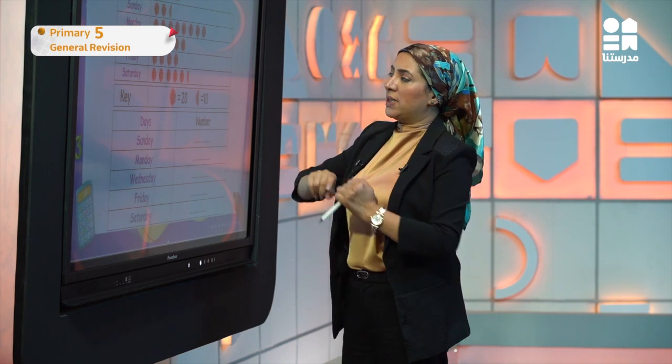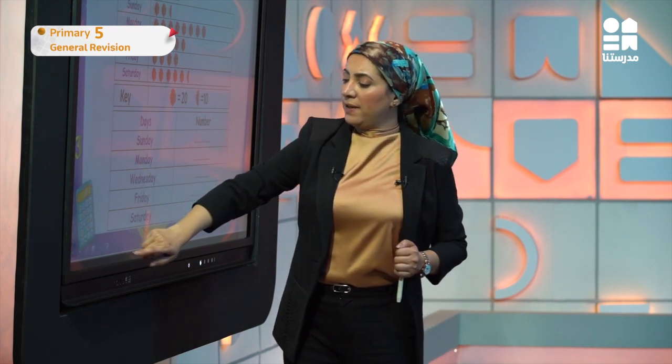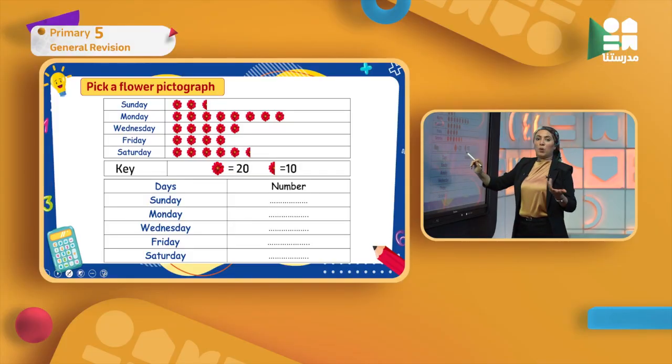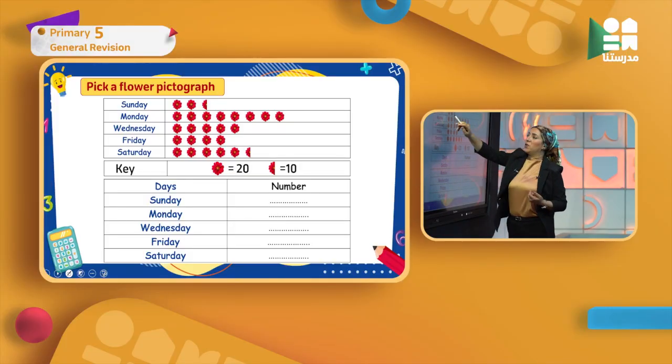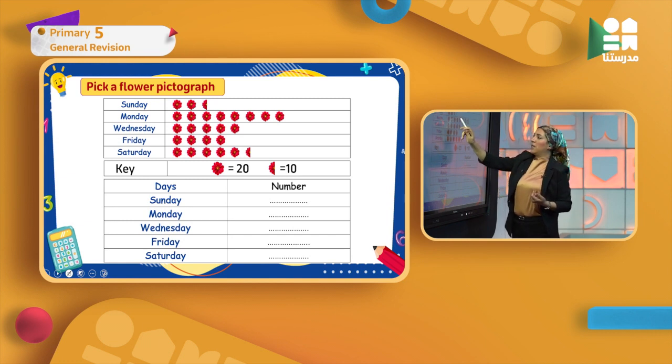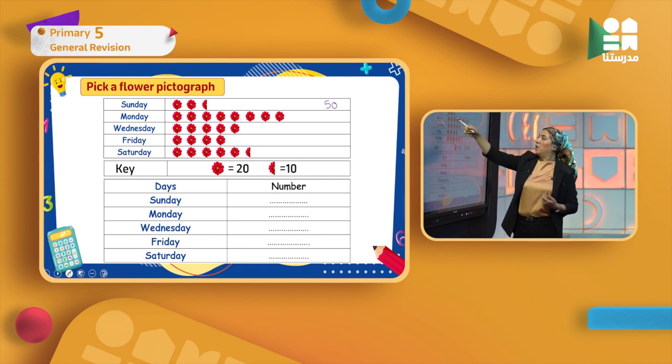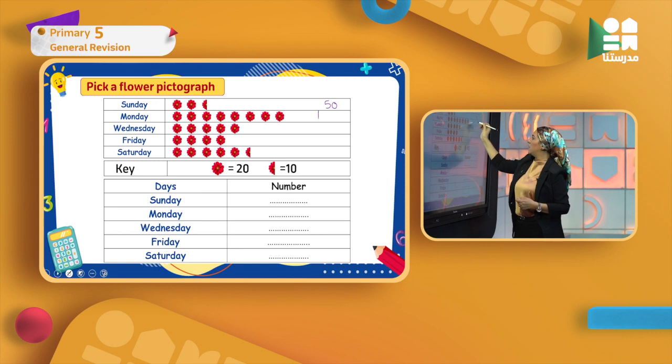Okay, so let's start. On Sunday, we said a whole flower equals 20, so 20, 40, plus 10 because it's a half flower, so it's 50. Monday: 20, 40, 60, 80, 100, 120, 140, 160. So this is 160. Wednesday: 20, 40, 60, 80, and 100.